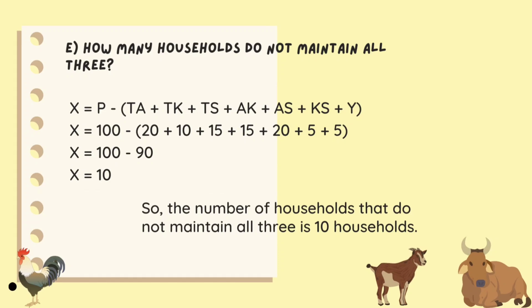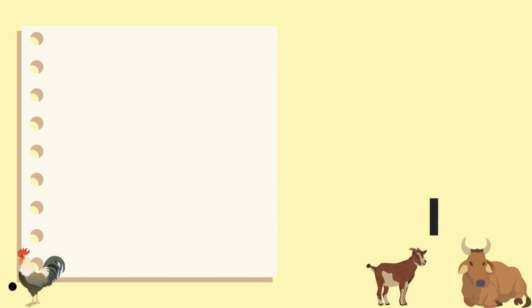So the number of households that do not maintain all 3 is 10 households.